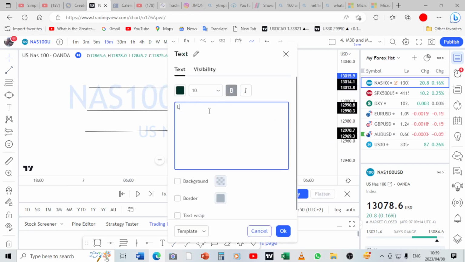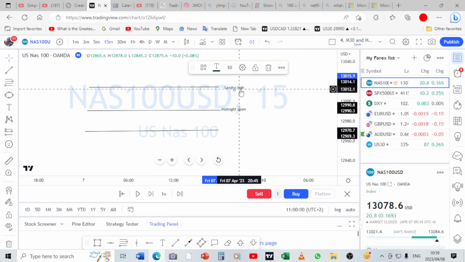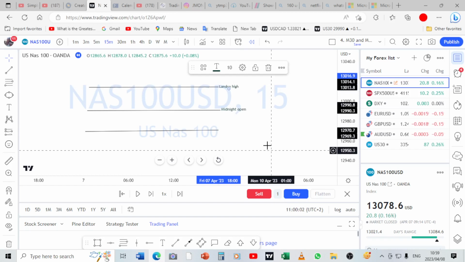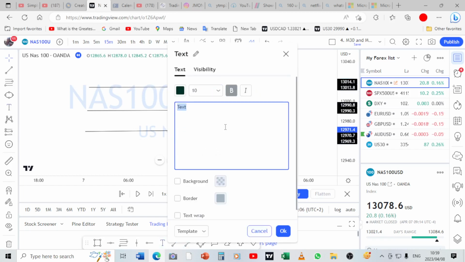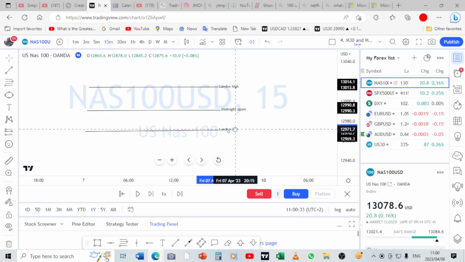Then you'll have your London high at this point, then a London low. This is the strategy, guys. You have your London low, you have your London high, London low. What you want is time, guys. Time is very important.